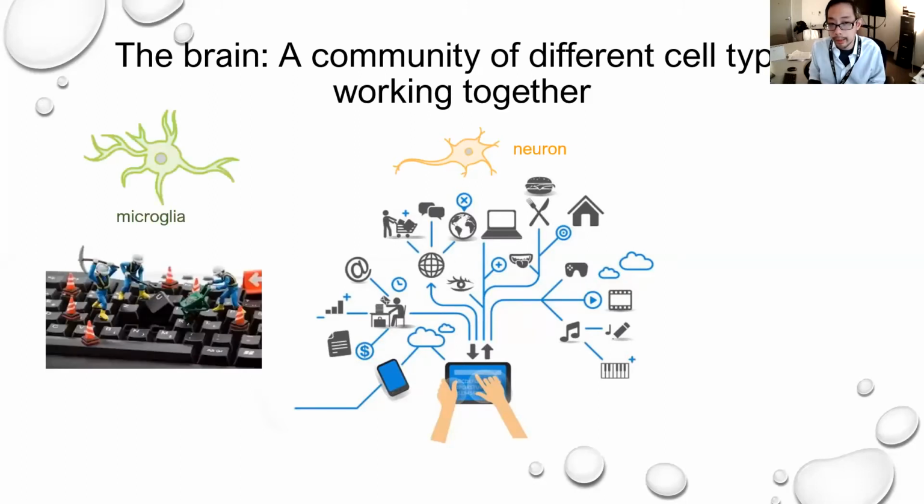So, like the internet, the neurons need some type of support system to fix damage or sense damaging agents and mediate repair, something like an IT support system. These are microglia. These are innate immune cells within the brain that sense damaging agents.